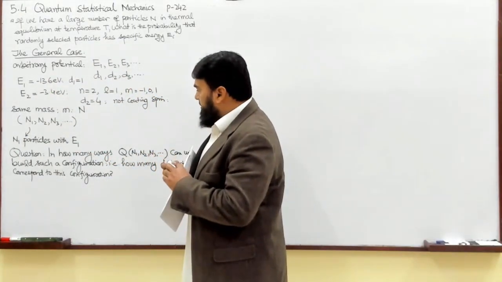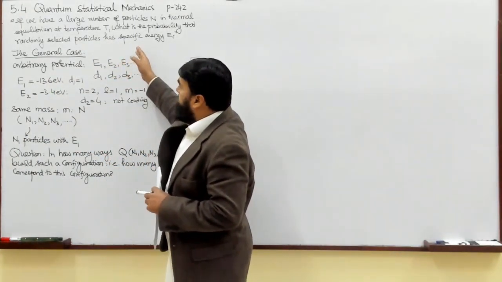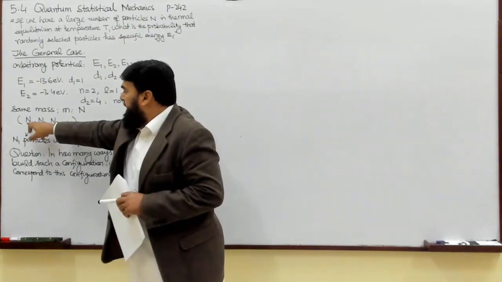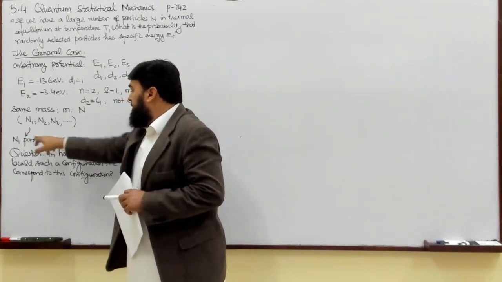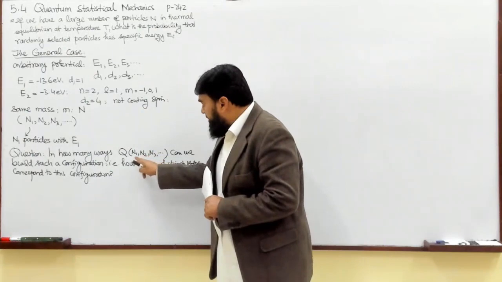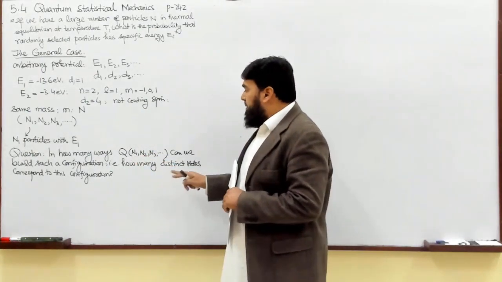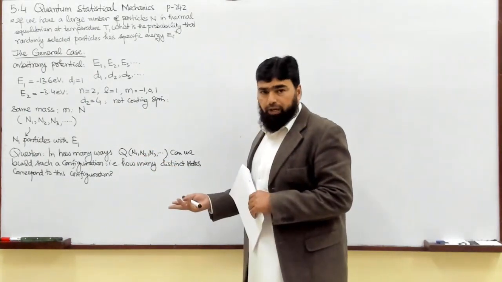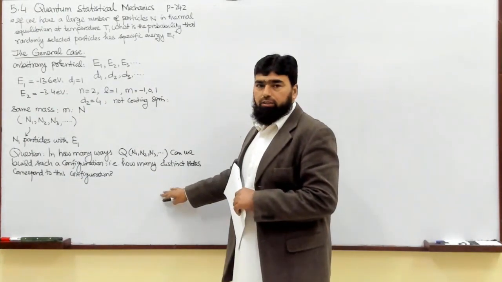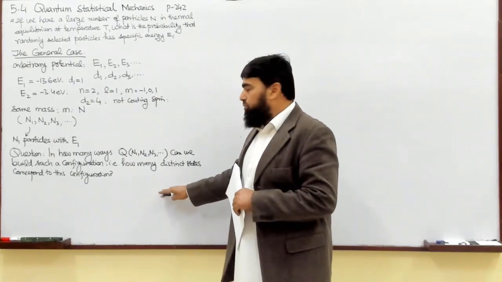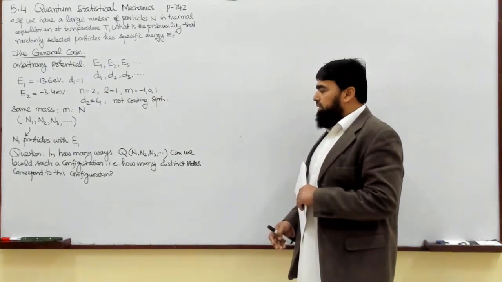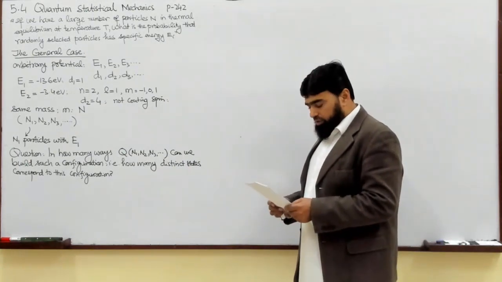If we have an ensemble of N particles in which N1 have energy E1, N2 have energy E2, and so on, this count will depend on the nature of the particles. If we have distinguishable particles, the result will be different, and if we have identical fermions or identical bosons, the calculation will be different.